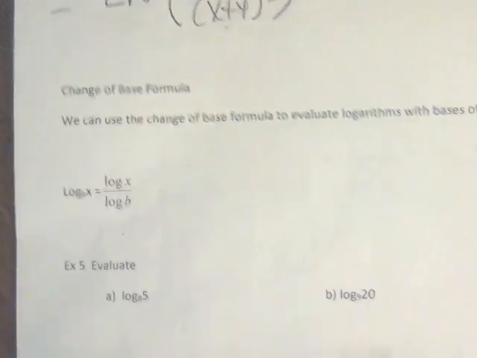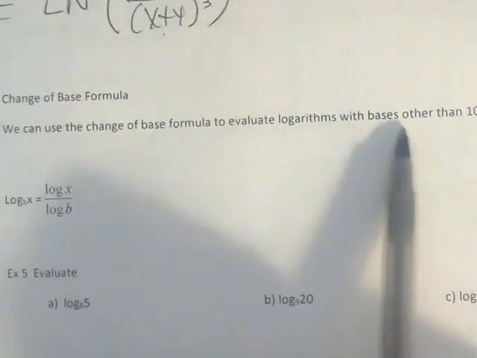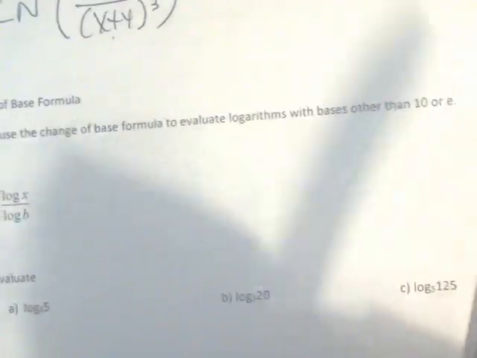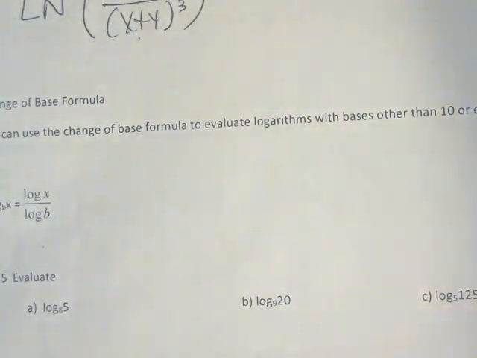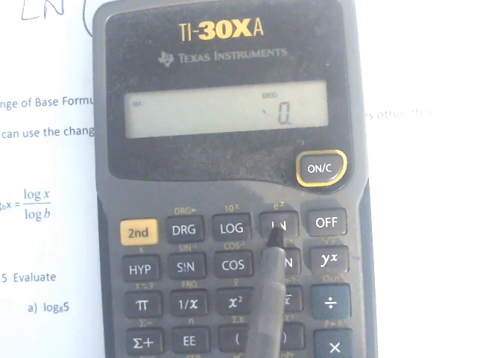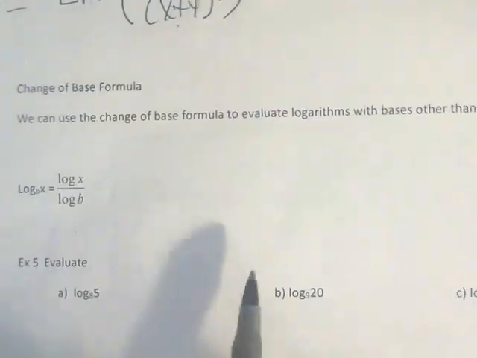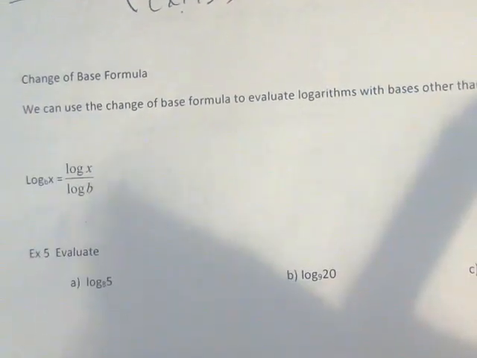Last thing I want to talk about is how to evaluate logarithms with bases other than 10 or e. We talked about your calculator. It is defaulted, and the common log is base 10. The natural log is base e. But there are other bases, kind of like the one we did earlier, log base 2 of 16.